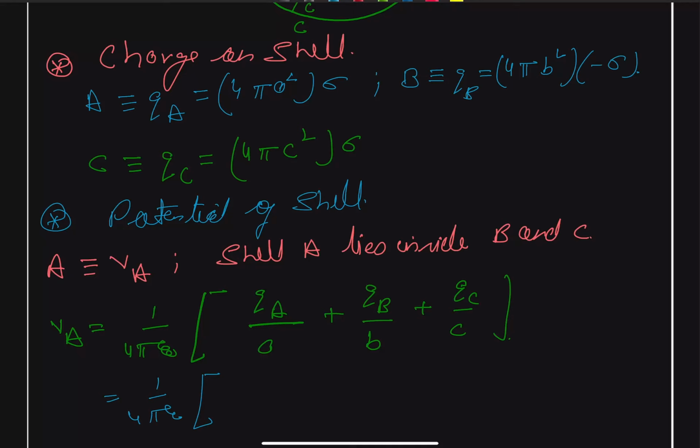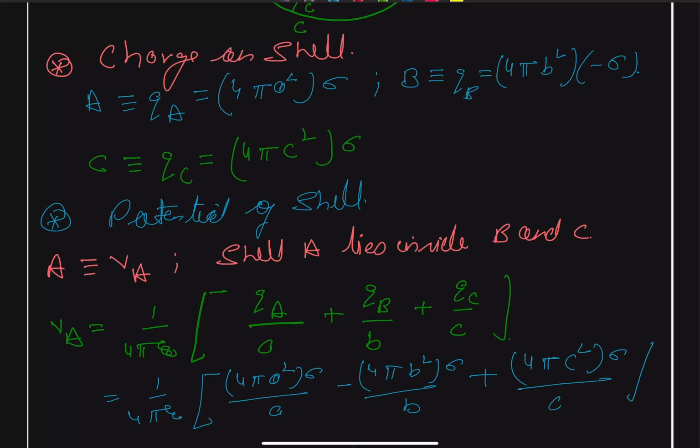QA was 4 pi A square sigma upon A, QB was minus 4 pi B square sigma upon B, and finally plus 4 pi C square sigma upon C.